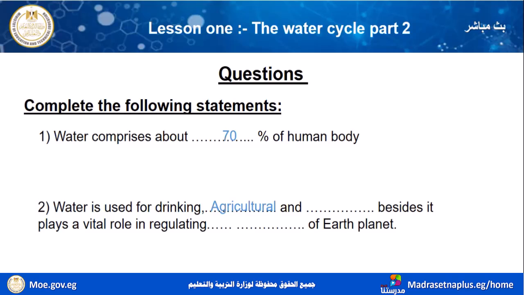Question number two. Water is used for drinking, agriculture, and industry. Besides, it plays a vital role in regulating the temperature of the Earth's planet. Listen to me. We said water heats slowly and cools slowly.